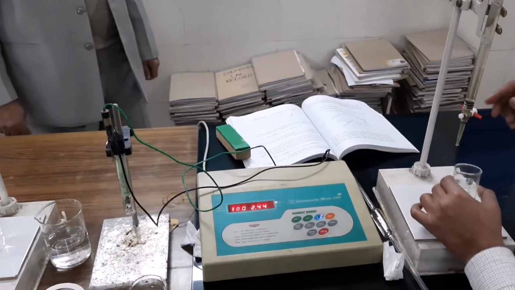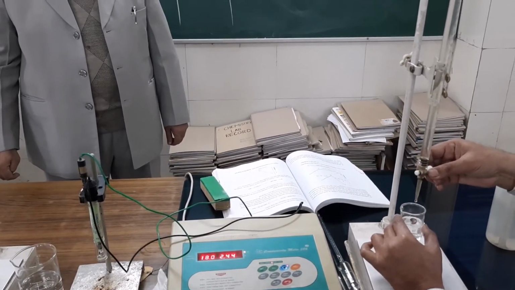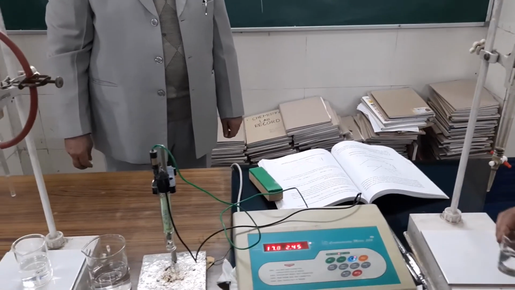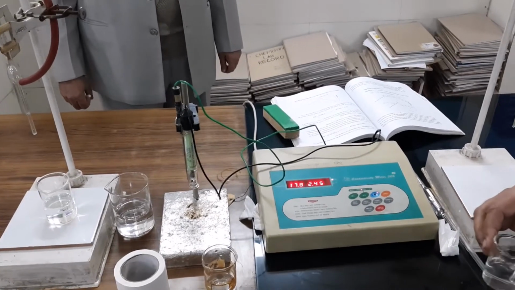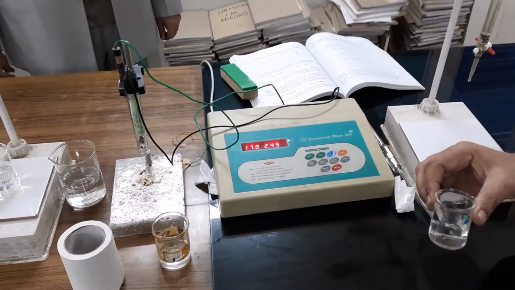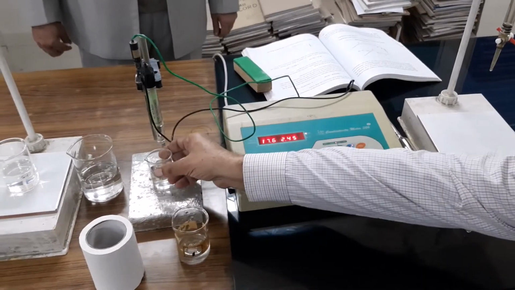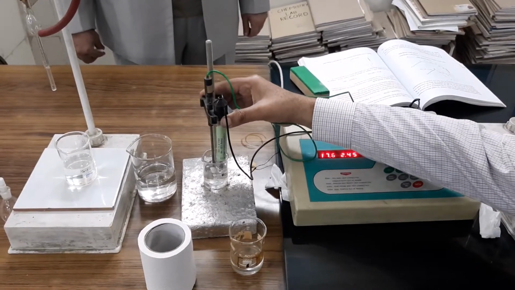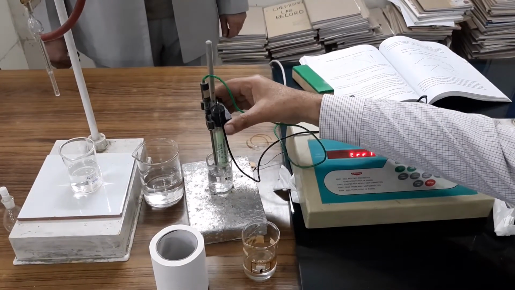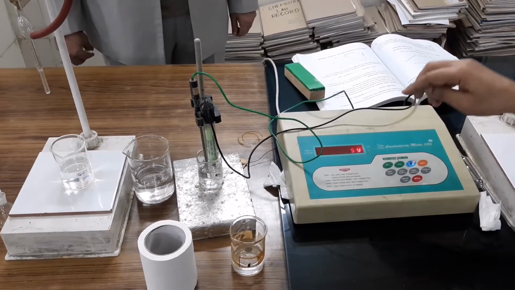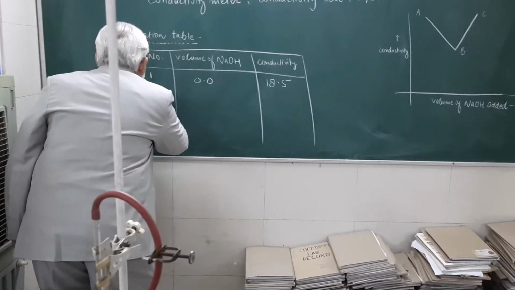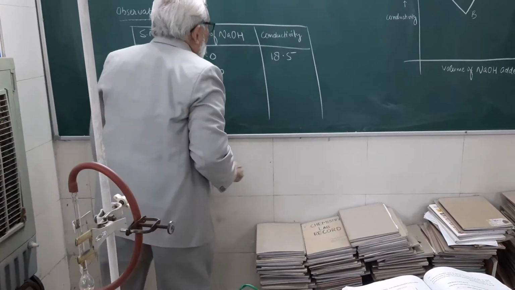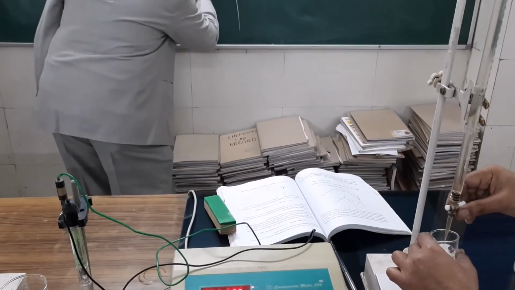Now we will add 2 ml of N by 10 NaOH from the burette. Shake the solution well, and now dip the conductivity cell into this solution and read the conductivity of the solution.